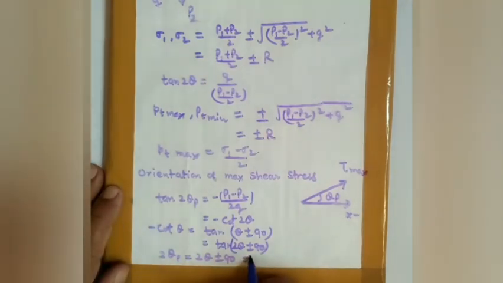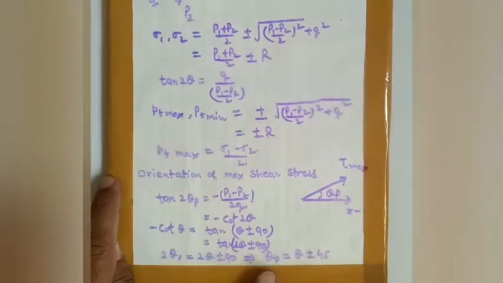This implies theta p is equal to theta plus minus 45 degrees. So we can conclude that the orientation of maximum shear stress is at 45 degrees from the principal stress plane.